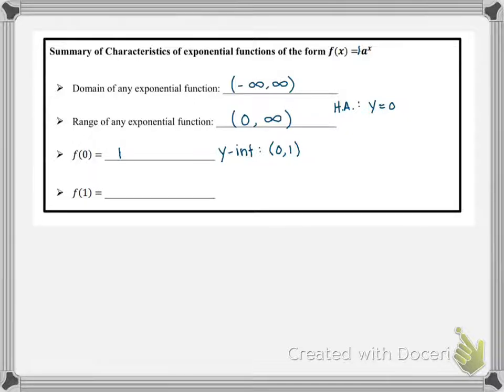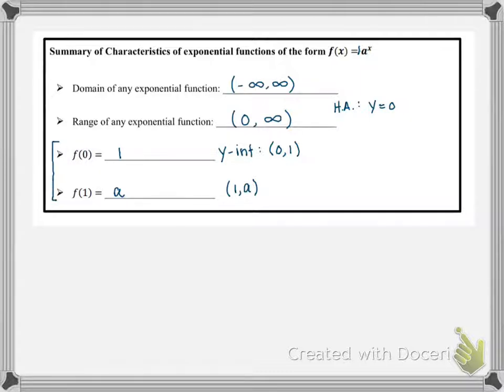What's f of 1? So for the first two that we did, that is correct. What'll it be for this general one? Just a, good. So that's the point 1, a.